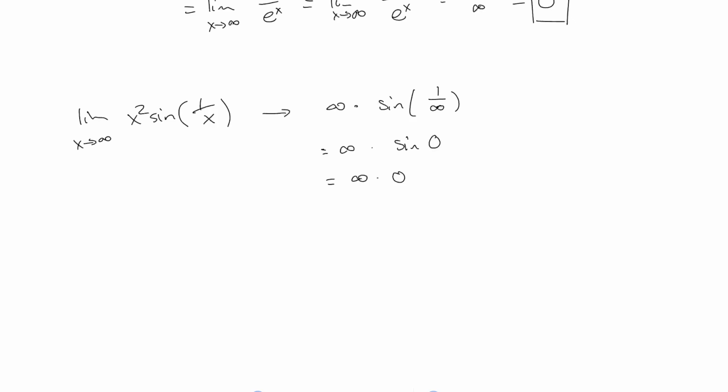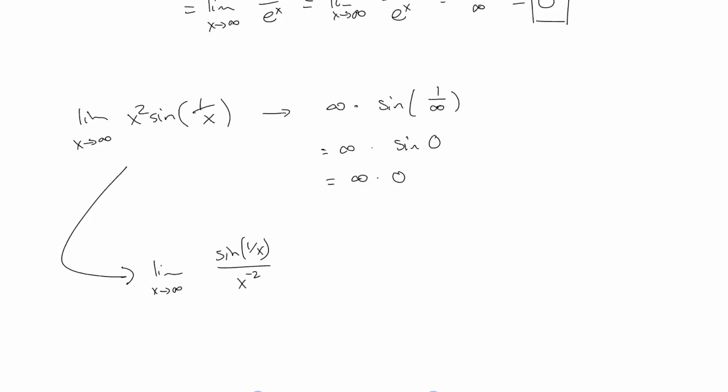Again, there are two ways to do that. In this example, I think the easiest way would be to send the x squared into the denominator with a negative exponent. So here, I am going to change this into sine 1 over x divided by x to the negative 2. I guess the alternative would be x squared on top and 1 over sine 1 over x on the bottom, but that's a lot more complicated.